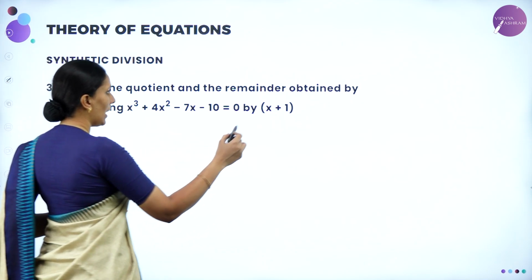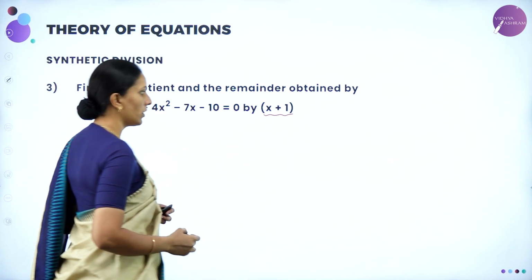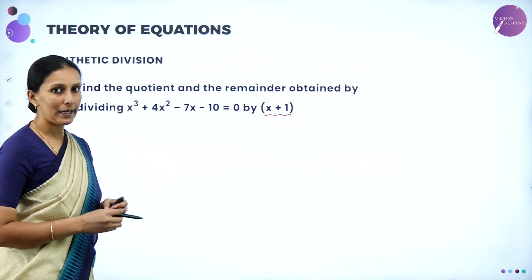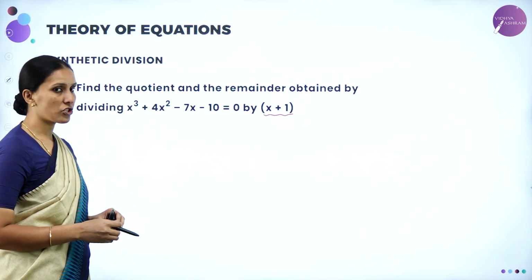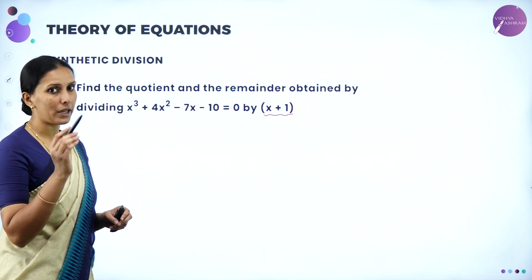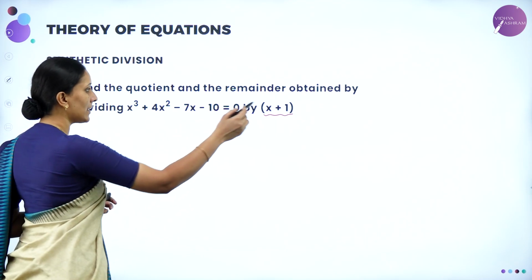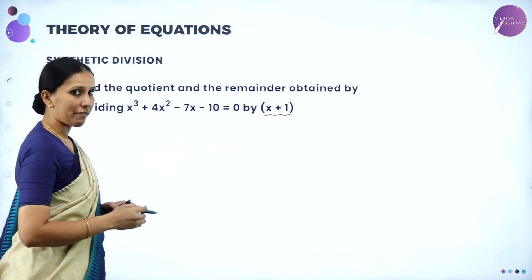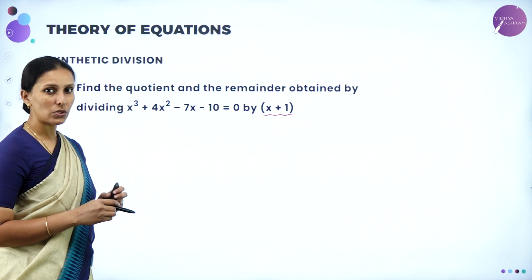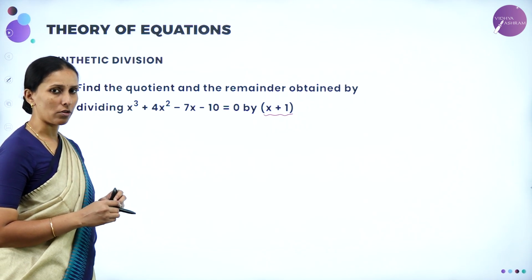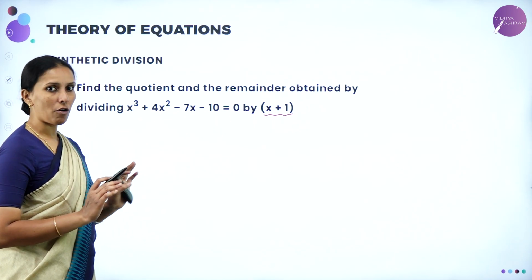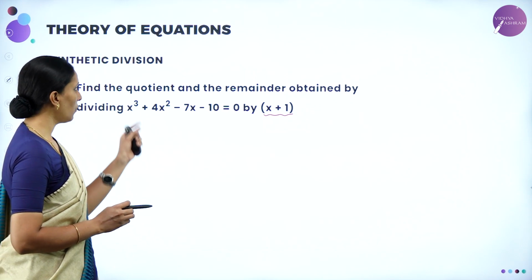So here they will be given a factor. If it completely divides the given cubic equation, then obviously the remainder should become a 0. Then we say x plus 1 is a factor, x is equal to minus 1 is the root of the cubic equation. If not, this will be in the form of a division method where you will get a quotient and the remainder.